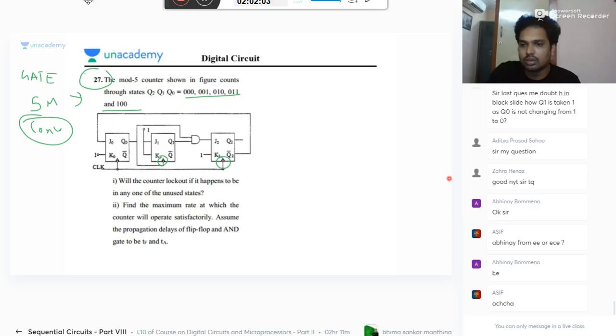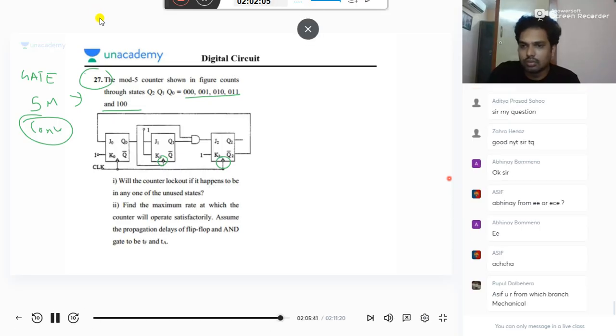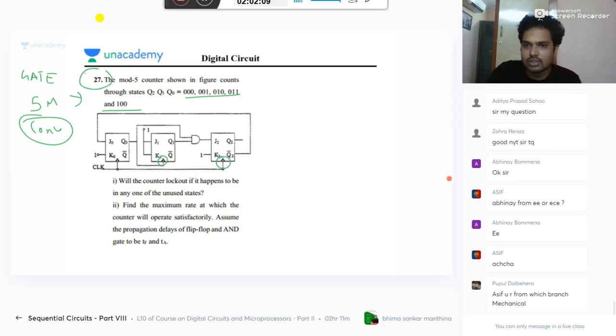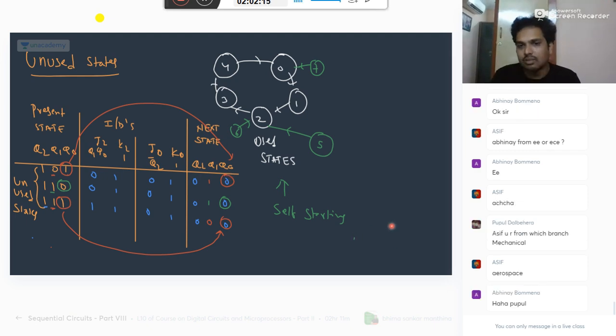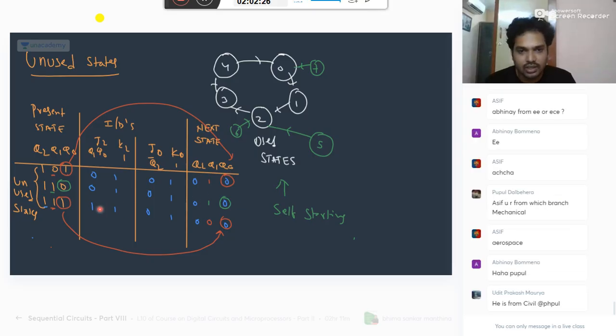How is Q1 taken as 1 as Q0 is not changing from 1 to 0? It is not a matter of 1 or 0. Please listen carefully. It is a toggle or no toggle. JK flip flop. For example, here it is not changing from 1 to 0. That's why I took the previous value.